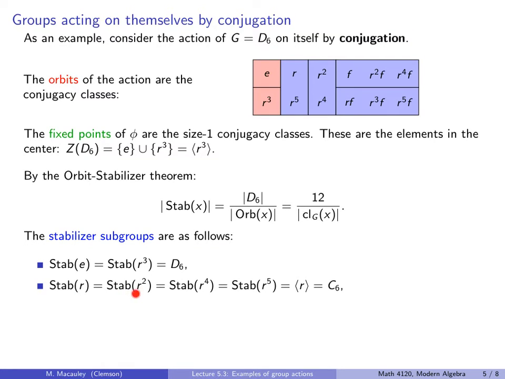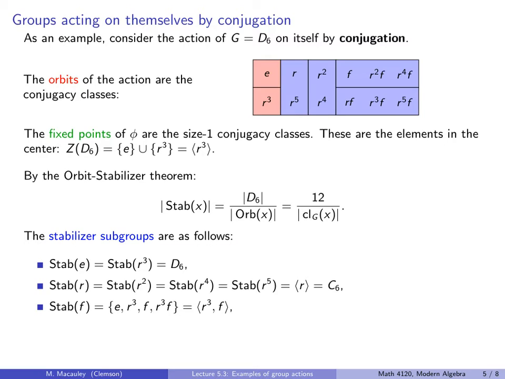And same with r squared and r to the fourth and r to the fifth. These things are all in orbits of size 2. Their stabilizers have size 6 and are clearly these 6 elements. So these 6 elements are the subgroup generated by r, which is the subgroup C6 of D6.